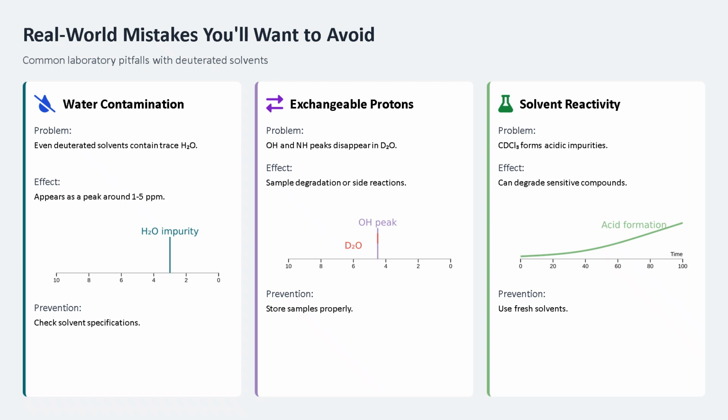OH and NH signals may disappear completely in D2O due to proton-deuterium exchange. Finally, some solvents can be chemically reactive. For example, CDCl3 can form acidic impurities over time, which may degrade sensitive samples. Using fresh solvents and proper storage helps avoid these problems.